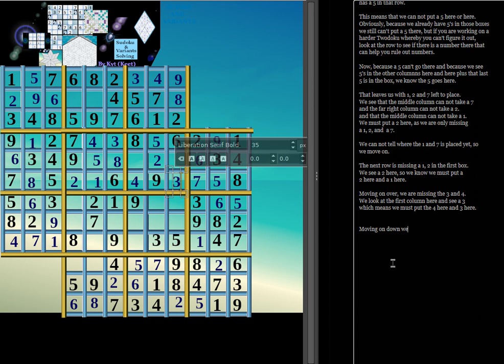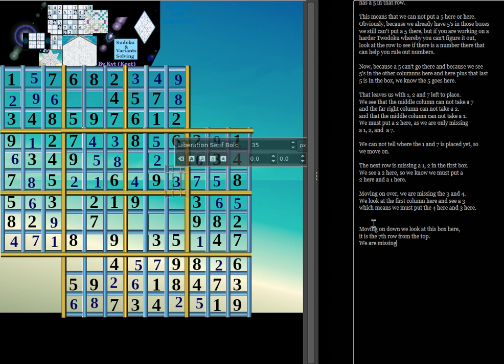Moving on down, we look at this box here. Here, it is the 3, 6. It is the 7th row from the top.